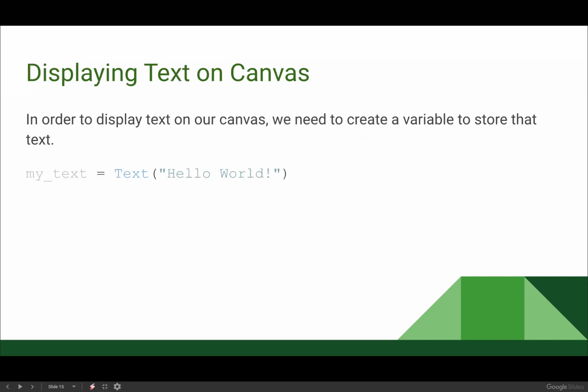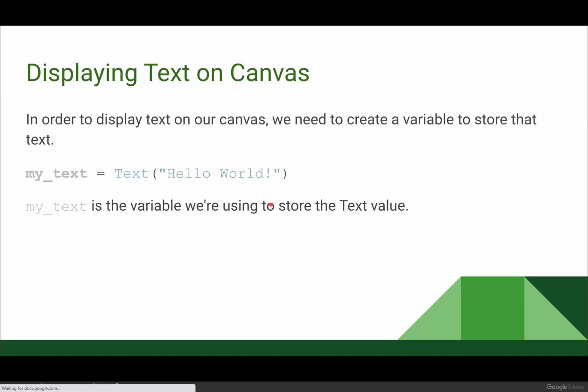So if I want to display text on my canvas, I need to create a variable to store that text object. So I'm going to make a variable called myText. It's going to equal Text with a capital T and then the string I want to store.